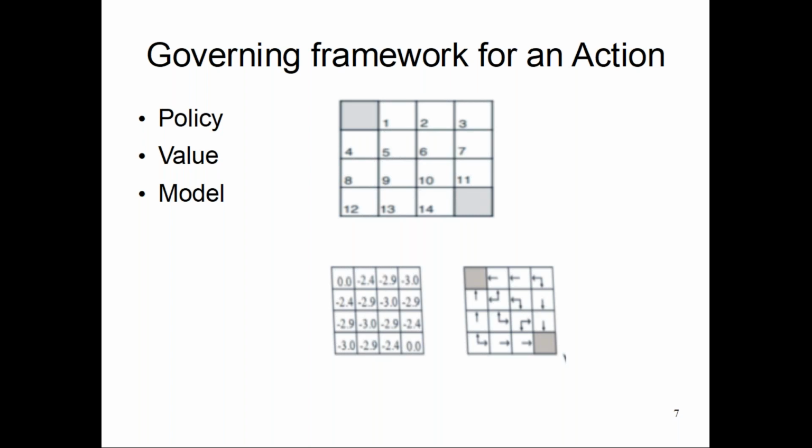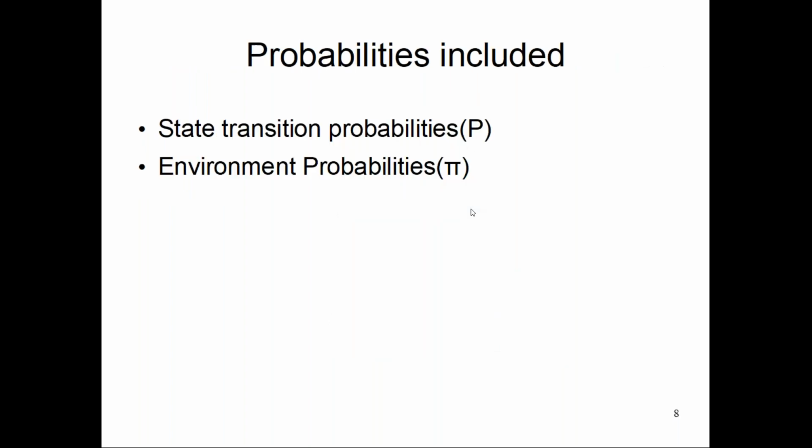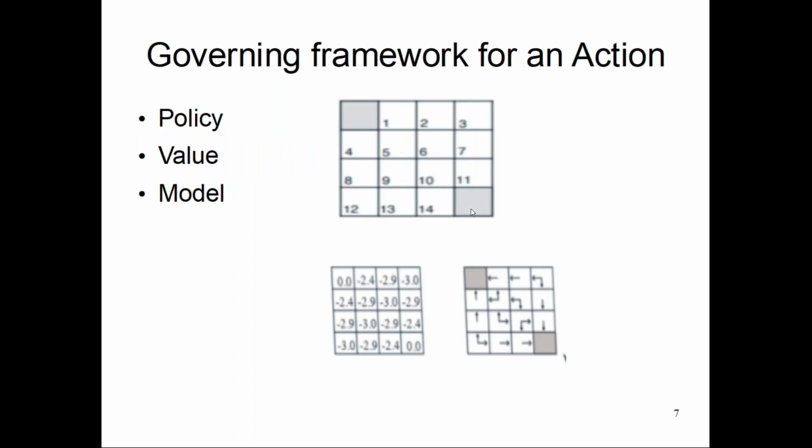So you are following a particular policy, 1, 5, 9, 13, 14, or you're following a particular policy, 1, 2, 3, 7, 11, and then reaching there. Whichever policy you are following, those particular states will give some rewards. If you are able to maximize the reward, you can call it the optimal policy.